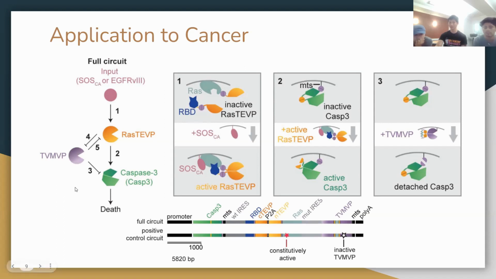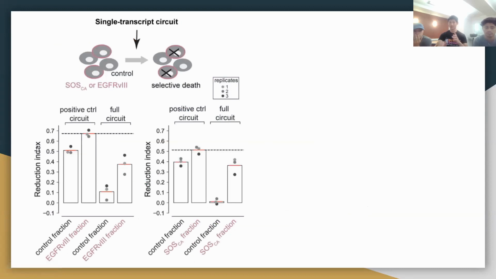So on the y-axis here is the reduction index. In other words, how much of the cells die. Higher up means more death, basically. In the positive control circuit, when the RAS is always on, in other words, the cell is always seeing the signal, the cells all die.